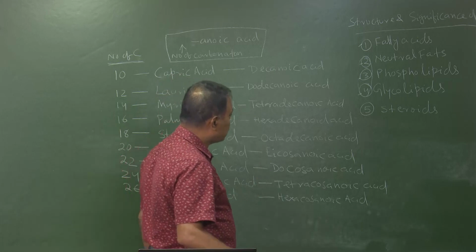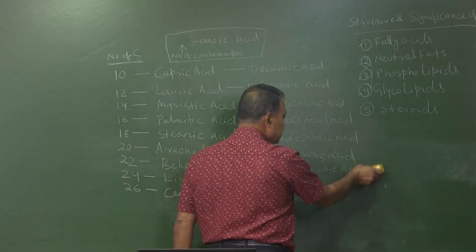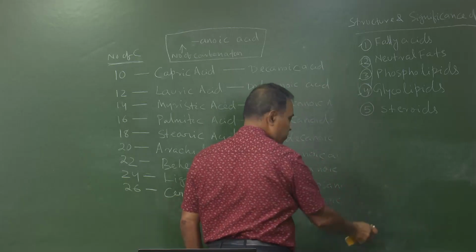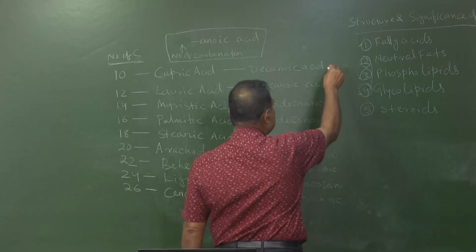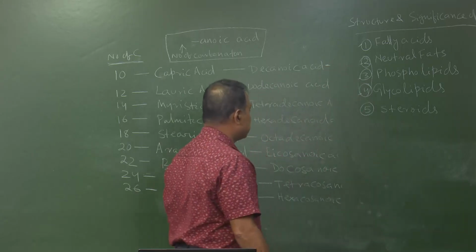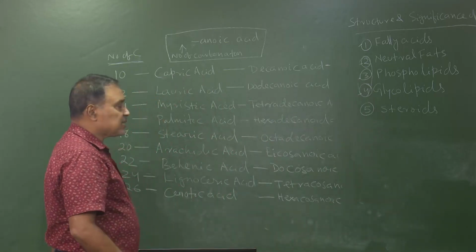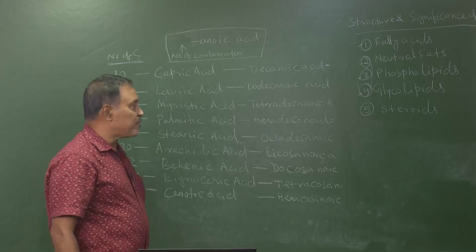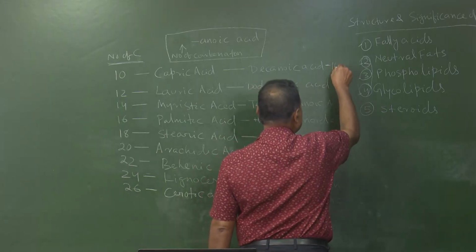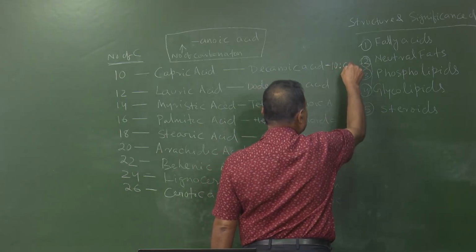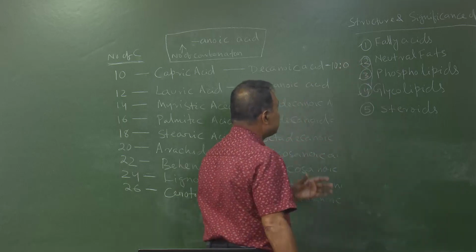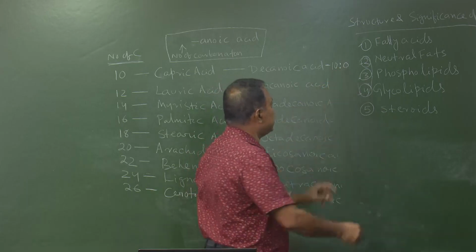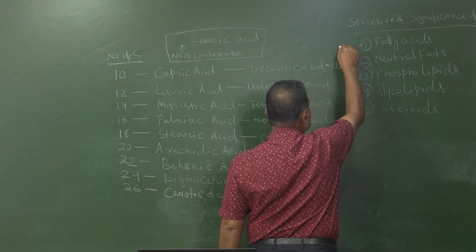Now, another thing we use while writing them is that we can present it as a symbol. We simply write how many carbon atoms are there. So when I say 16, I am speaking about palmitic acid. We write it like this: 10, then we put a colon, then we put a 0. It means there are 10 carbon atoms, and the 0 in this part indicates how many double bonds are there.